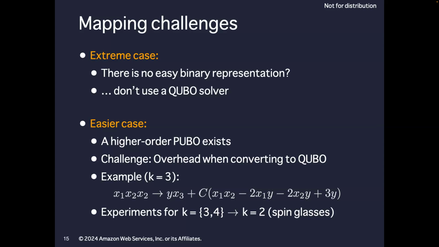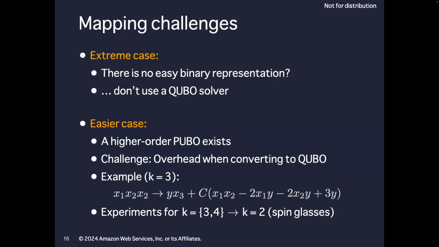If you want to look at 50 traffic lights, you will need a 50-local term, so 50 spin variables multiplied together. If this number is very high, then there is no easy binary representation, so don't use a QUBO solver. But if you look at some higher order polynomial, and interestingly enough, having already third and fourth order interactions in these devices reduces this overhead massively for applications.